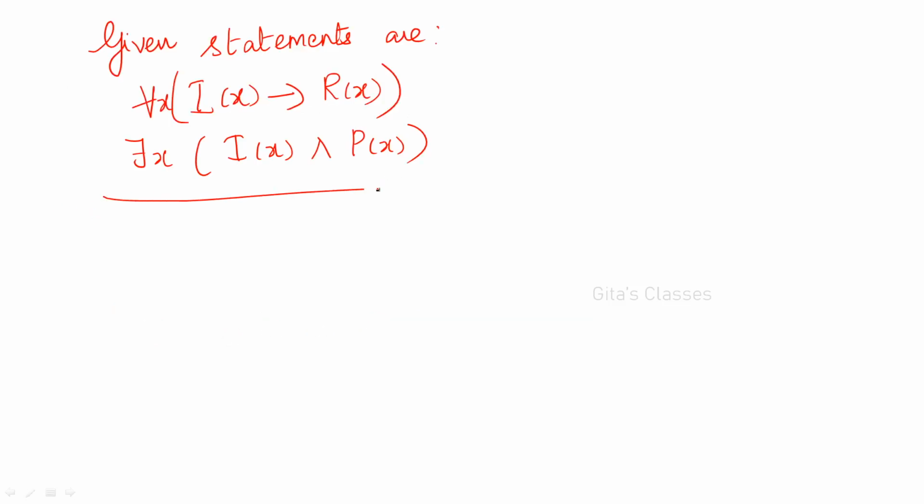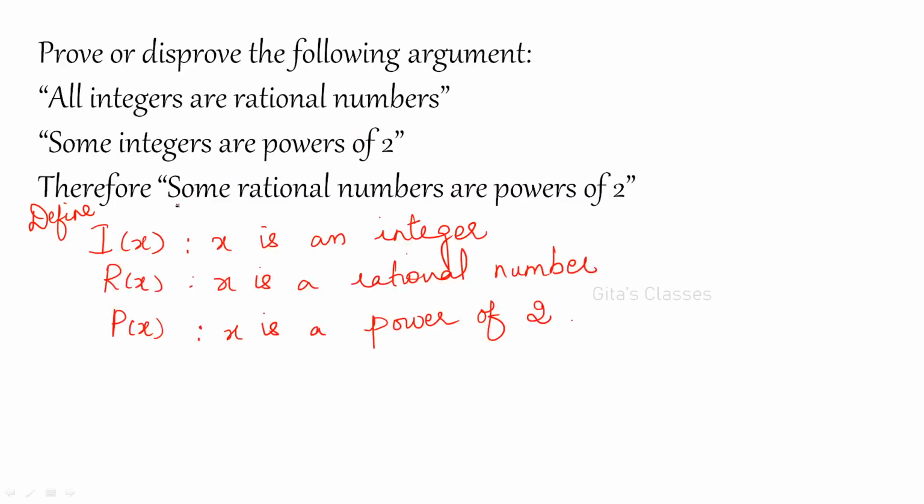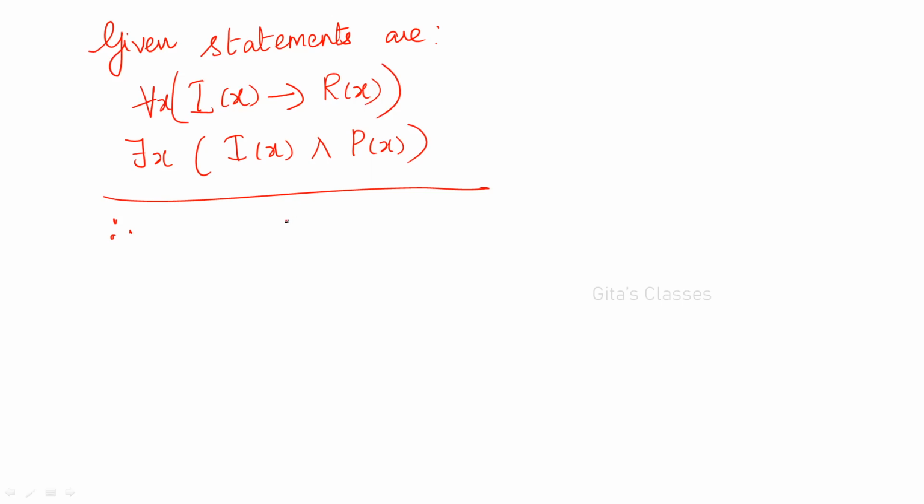Okay. Now these two are premises. And the conclusion is, what is the conclusion? Some rational numbers are powers of 2. So there exists x, R(x) and P(x) is our conclusion. So from these two premises, whether the conclusion follows or not, whether the argument is valid or not, that's what we are going to see.